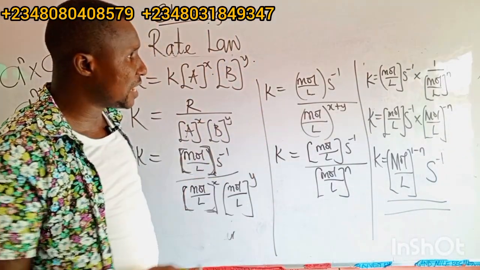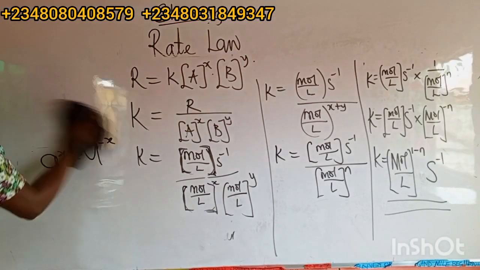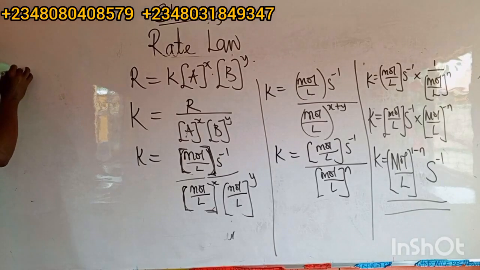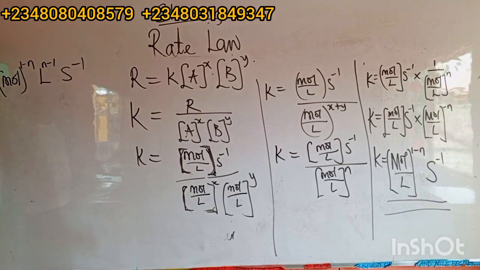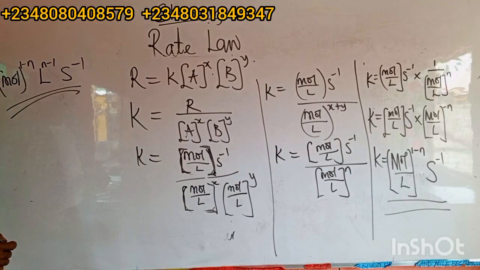Do you know that I can also rewrite the formula in this form? That formula is the same thing as writing it like this: mole raised to power 1 minus n, liter raised to power n minus 1, per second. This and that are the same.